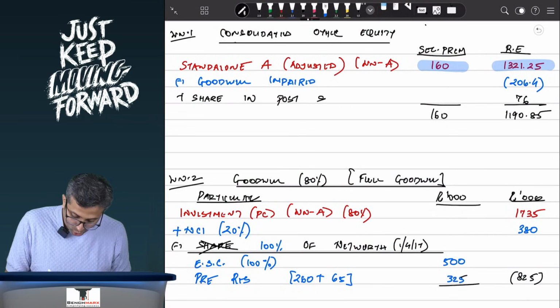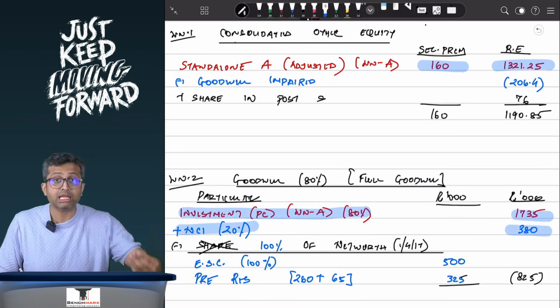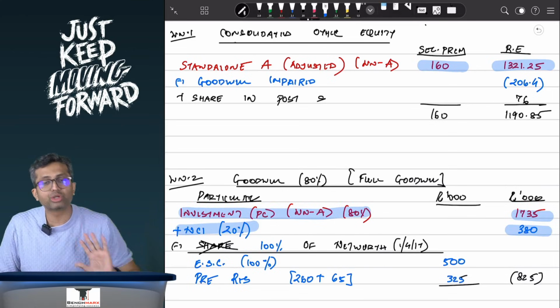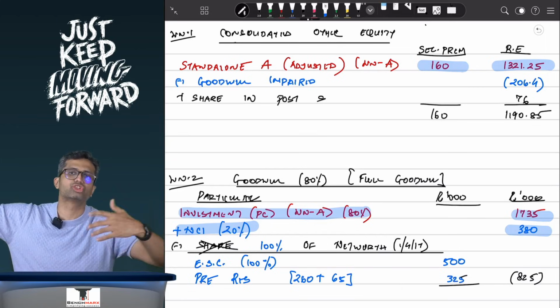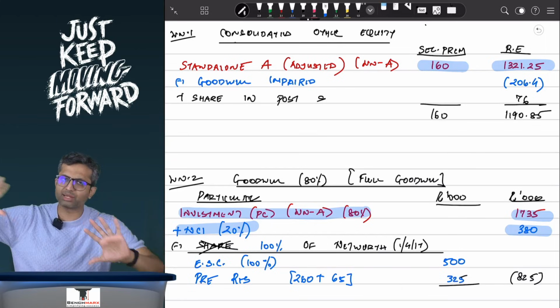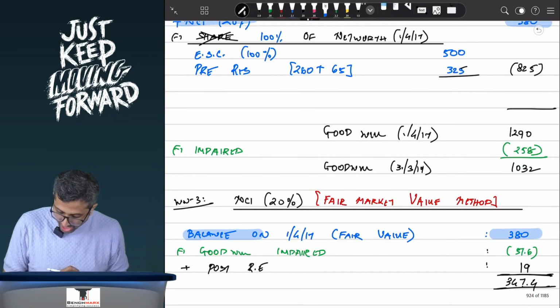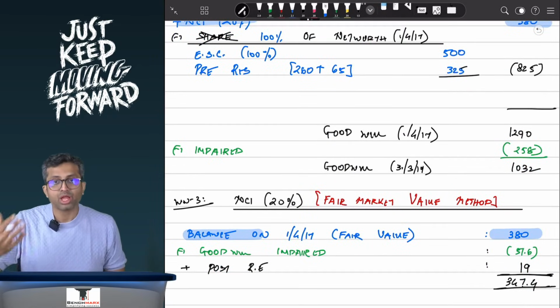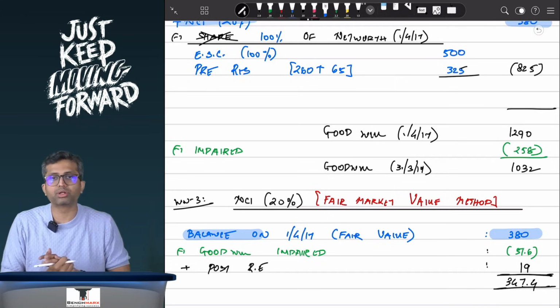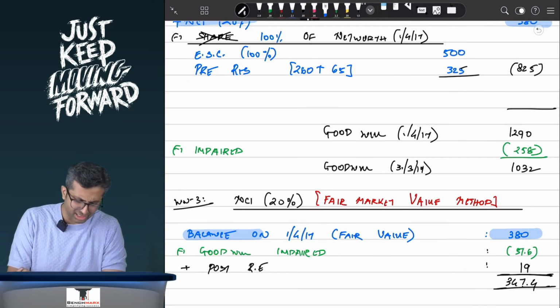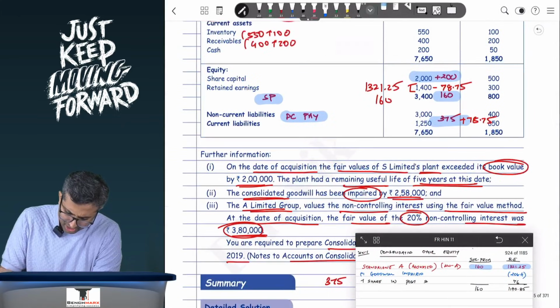And then when you go to the goodwill workings, you will start with the investment, that is 1735, the rectified investment, and then the NCI at 20%, that is 380. Similarly, in the NCI note, you will directly put in 380. You will not again give a share in the share capital and pre-acquisition reserves to the NCI because you are initially recording it at fair value. So your NCI will directly start at 1st April 17, 380 balance. Now you will go to working note number 4, but before that there is some share capital as well of the subsidiary, which is 500.